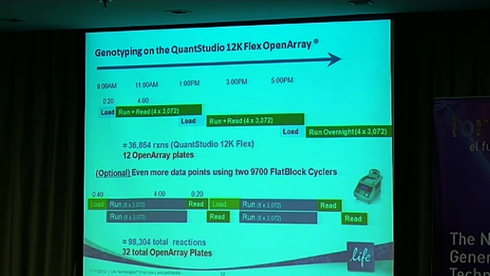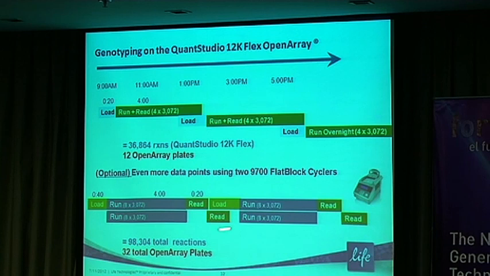Right? So you don't need the machine to be detecting fluorescence at every cycle. So that allows you to actually run up to 8 arrays in a single 9700, just do regular PCR, and then when you're finished, take those arrays and put them into the instrument and just read. Use the machine as a reader, fluorescence reader. And it only takes 5 minutes to read an array.